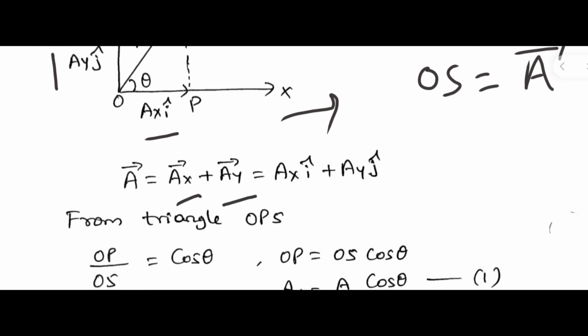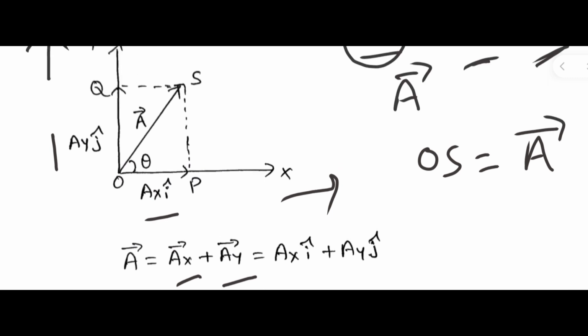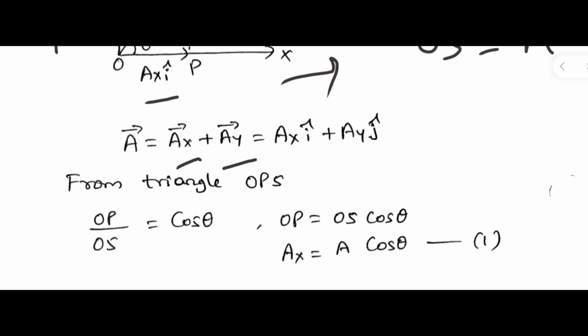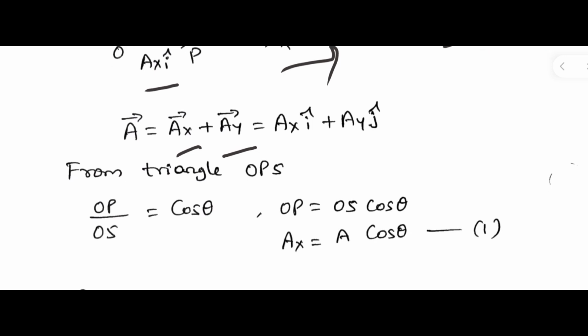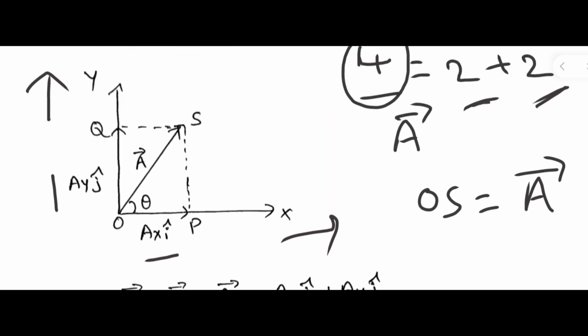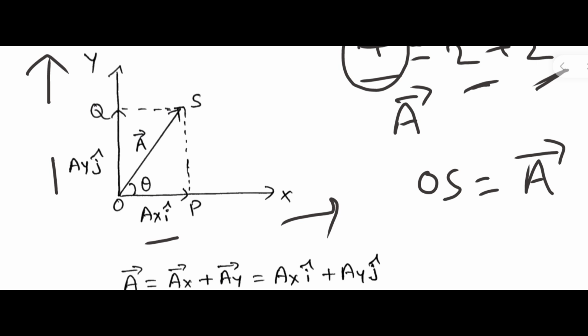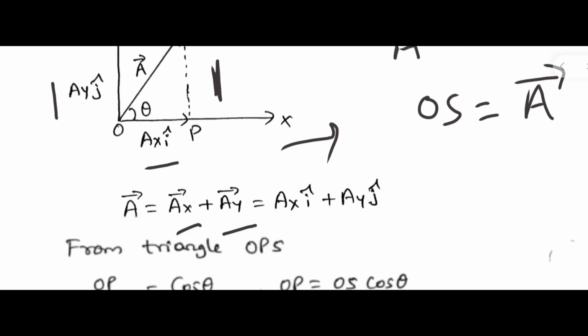From triangle OPS, taking sin and cos: cos theta is OP by OS, adjacent by hypotenuse, and sin theta is opposite by hypotenuse, that is PS by OS.